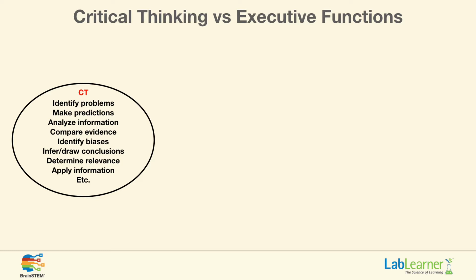It's identifying problems, making predictions, analyzing information, comparing evidence, identifying biases, inferring or drawing conclusions, determining relevance, applying information, and so on. These are specific things. Taken together, we tend to think that critical thinking is a good thing, but that won't do us much good if we are not able to break it down into more specific characteristics, which we're trying to do here.